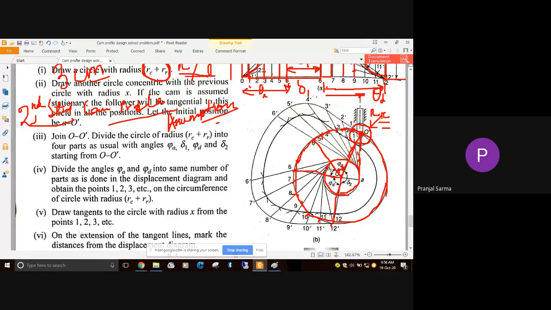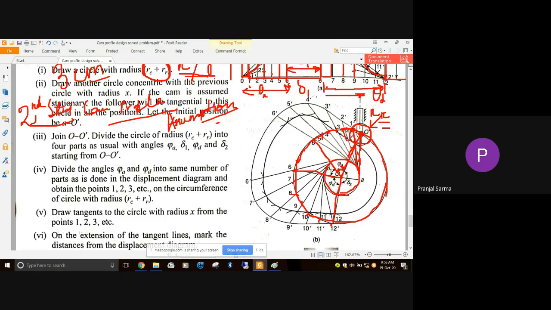These points are there: 1, 2, 3, 4, 5, 6. So considering these points, we will be drawing from that particular point a tangent to the circle. So from 1, this is the tangent. It should not pass through the circle like this, but it should be tangent.